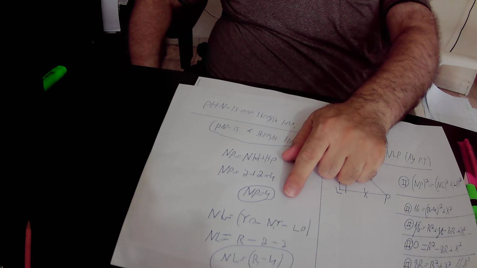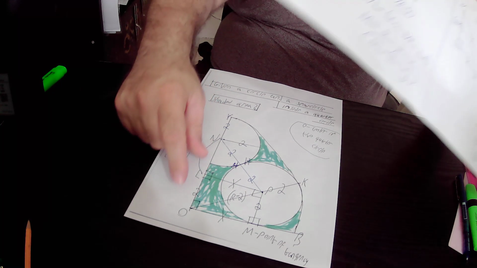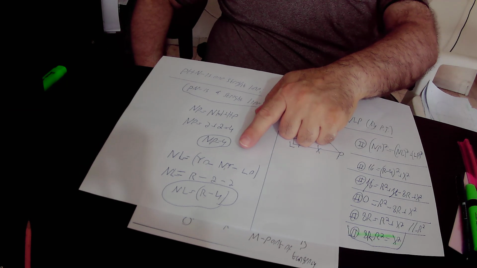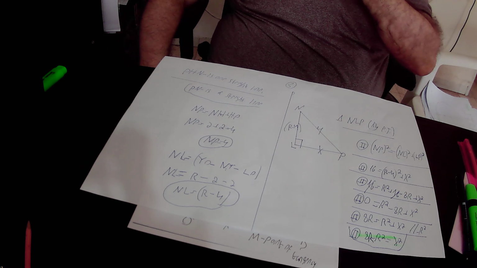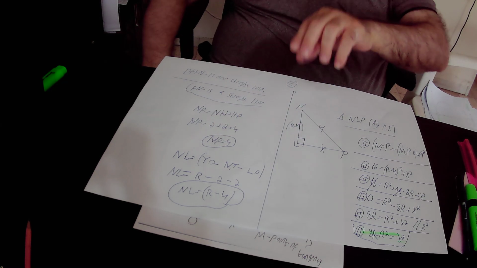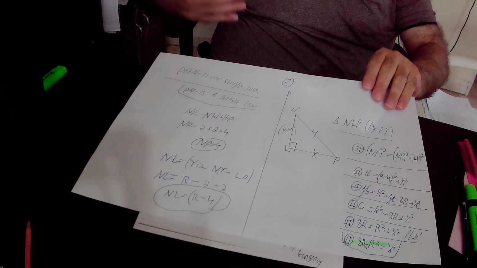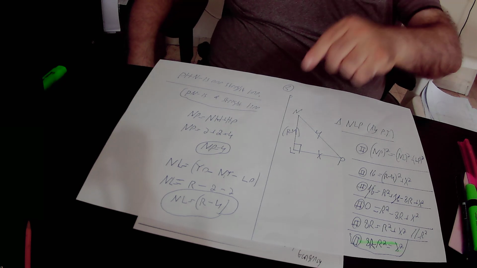I repeat, the length of line segment NL equals YO, the radius of the quarter circle, minus NY minus LO. YO is the radius of the quarter circle, which is equal to capital R according to our definition.